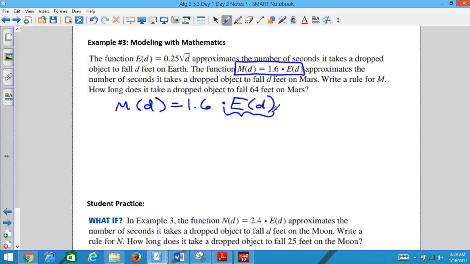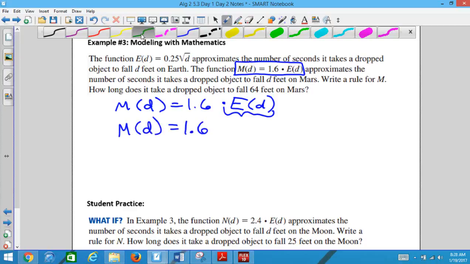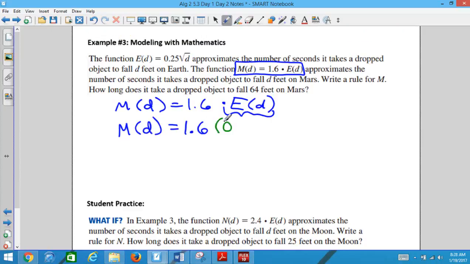What is the e of d equation? We substituted in what the e of d function is.